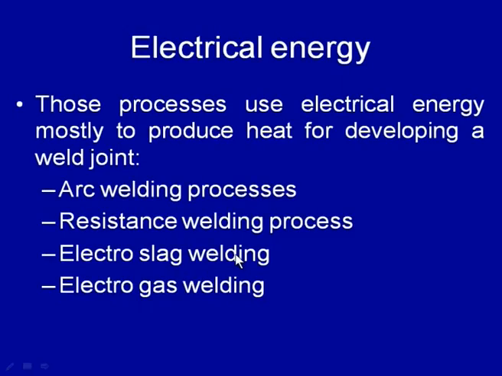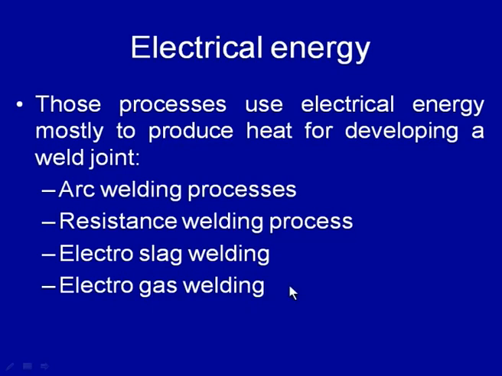In this process, the electrical resistance heating takes place by the flow of current through the molten slag and the molten weld metal, and the current is supplied through the consumable electrode, and the workpiece is made part of the electrical circuit.